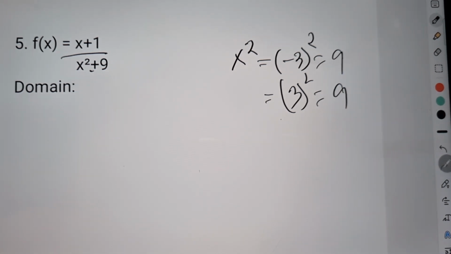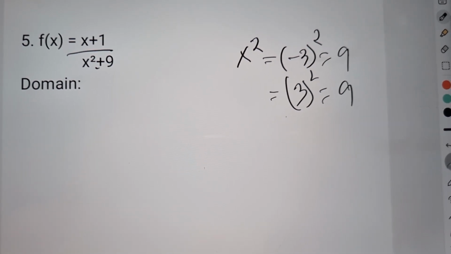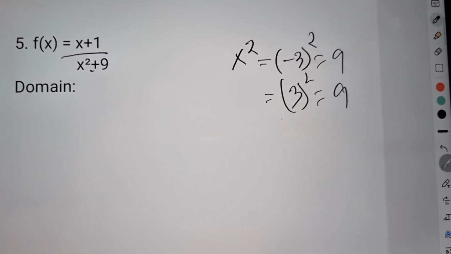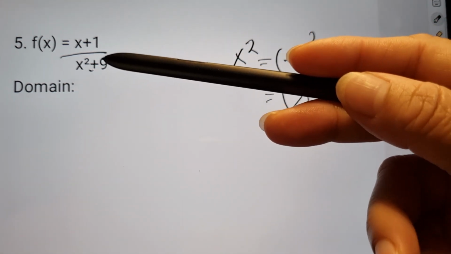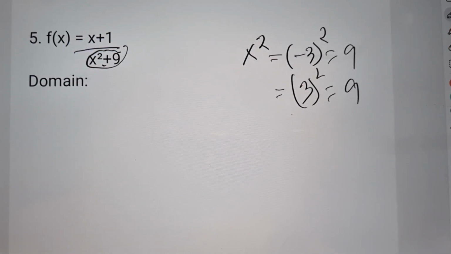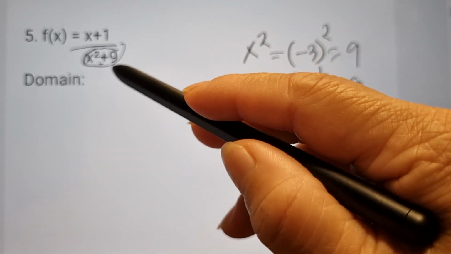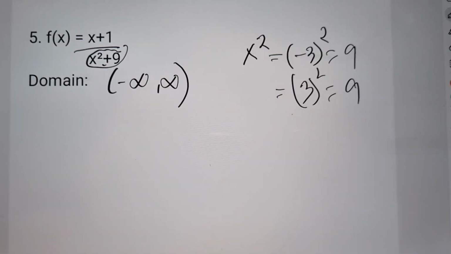So 9 plus 9 is 18. Okay? Naintindihan niyo sa part na to? So dito, ibig sabihin, sa example number 5 natin, ay pwede tayong mag-substitute ng kahit anong values ng x dito. Okay? It means, ang domain natin dito ngayon ay from negative infinity up to positive infinity.